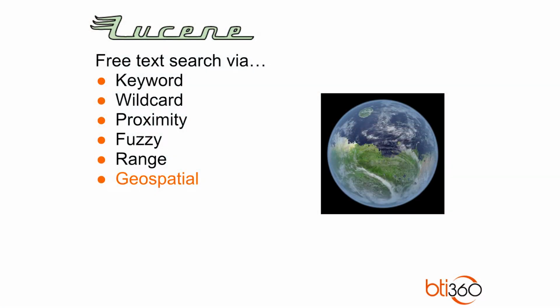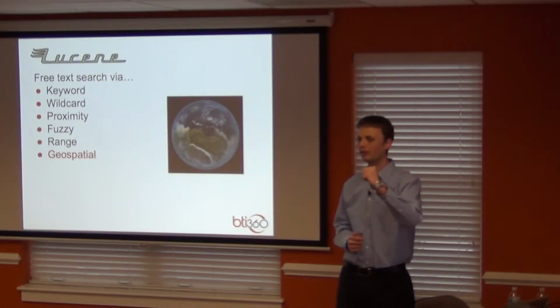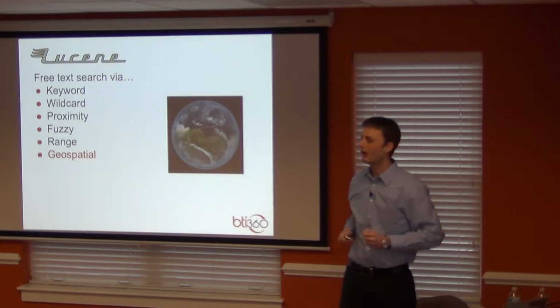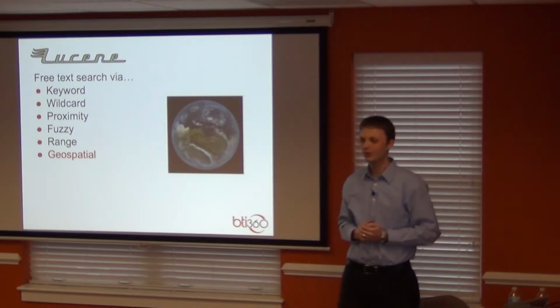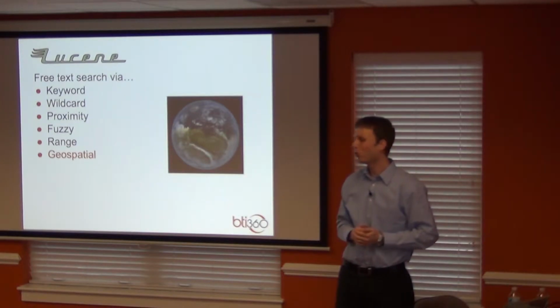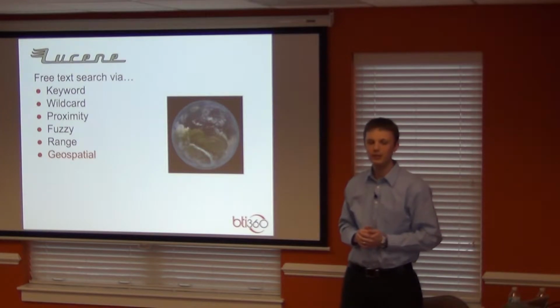Finally, geospatial. There's a lot of geospatial data out there, lat longs. You can do bounding box queries. You can do radius search queries where you specify the point and then the radius around it. A lot of people do some really interesting work with geospatial because at the core, it uses the Spatial4j API.